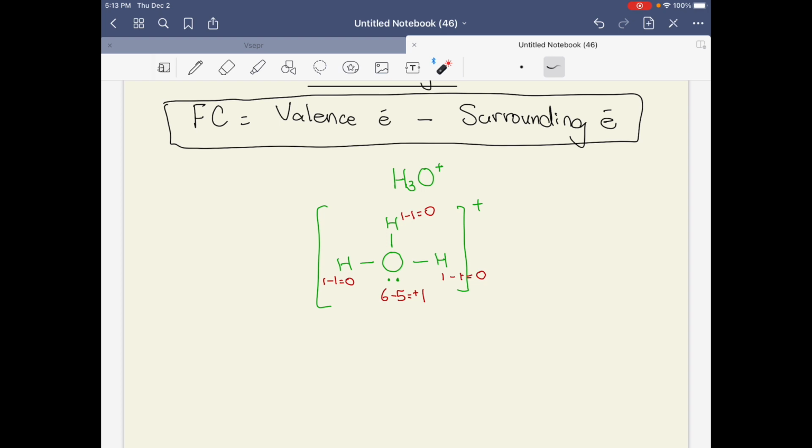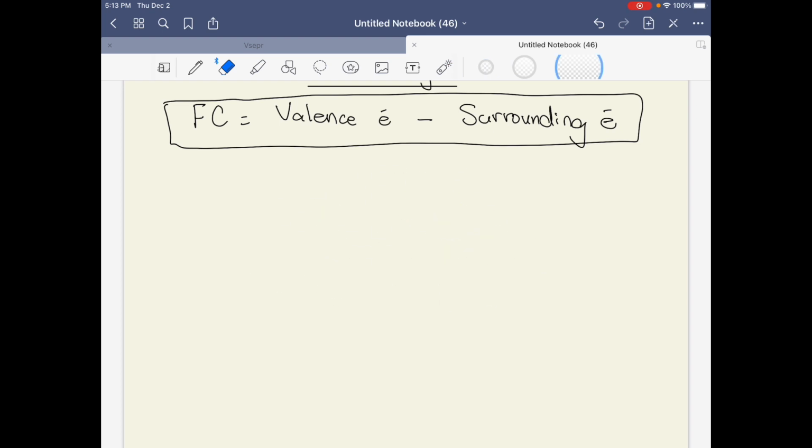Let's do another one. Let's do this one. This is what I think I left you with the other day. Okay, PO4 with a 3 minus charge. This is phosphate. If you remember the octet rule, we sum up all the valence electrons.